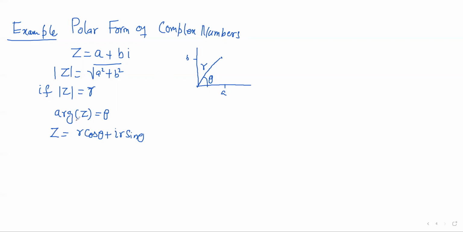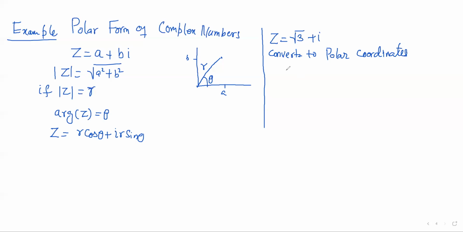For example, if we have a complex number z equal to under root 3 plus iota, where under root 3 is an irrational real number and iota is the imaginary part, and we want to convert it into polar coordinates, the first step is to find the modulus of z.